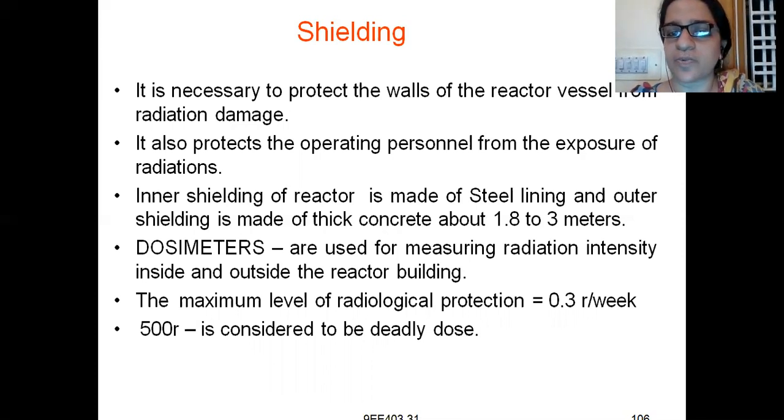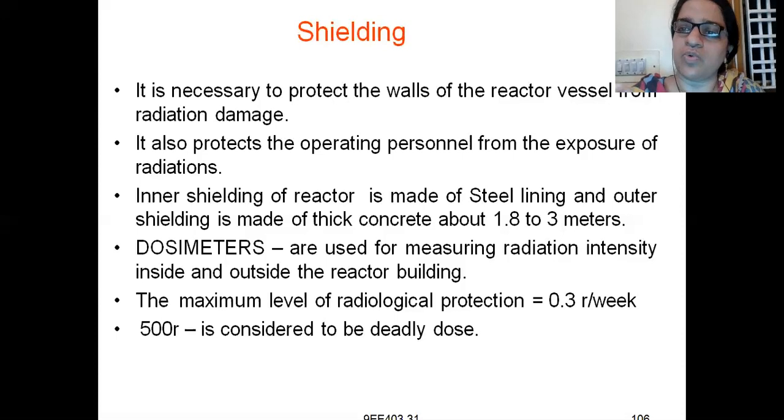Next, it also protects the operating personnel from the exposure of radiations. If we do not shield the nuclear reactor vessel properly, then the operator who is operating the nuclear reactor will get exposed to this radiation.